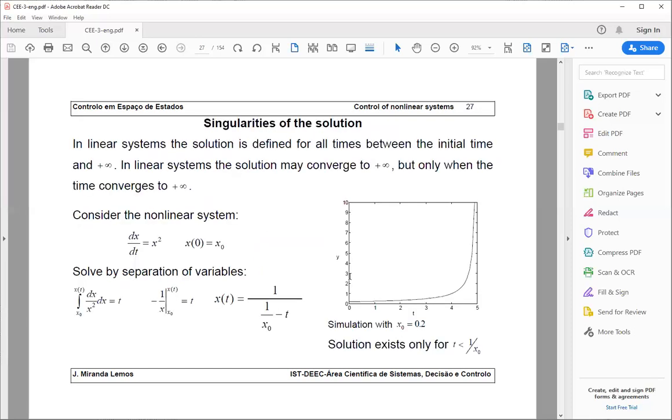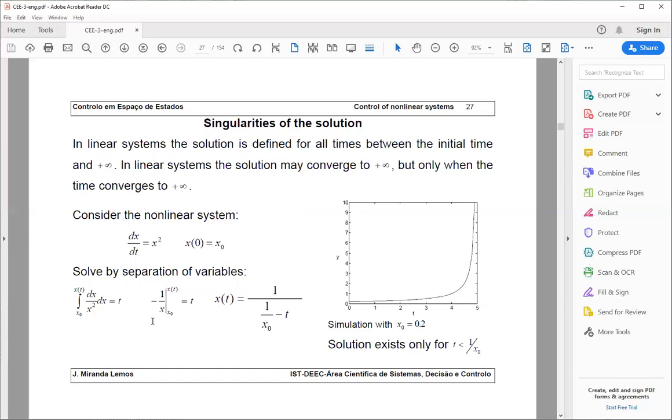Now, let's examine another issue, which is singularities of the solution. Consider this equation: dx/dt equals x squared, with some initial condition, x of 0 equal to x0.